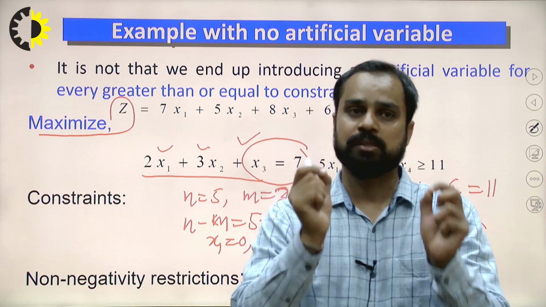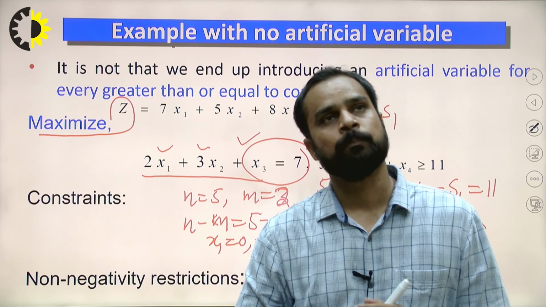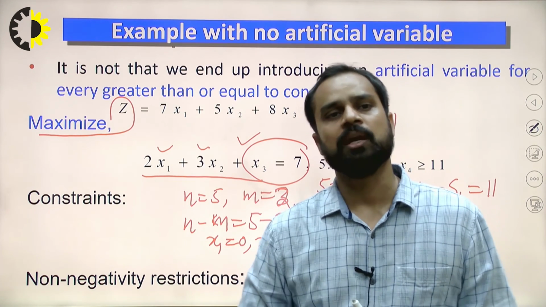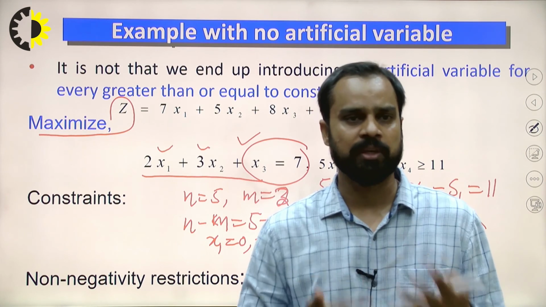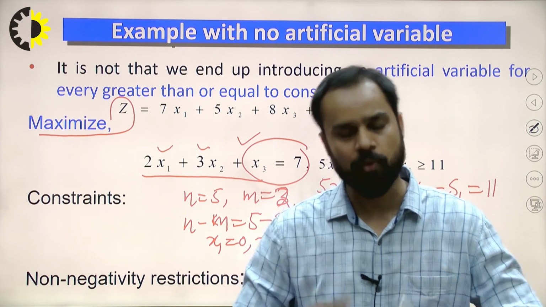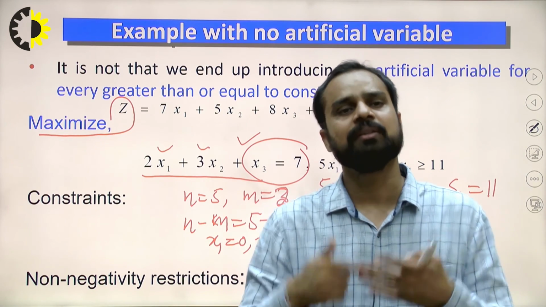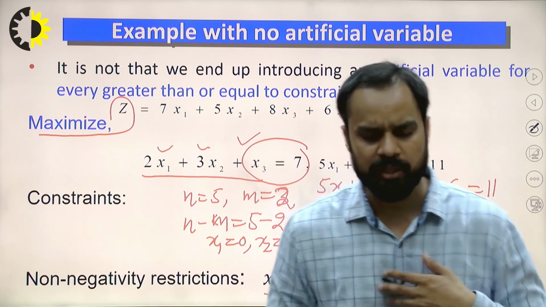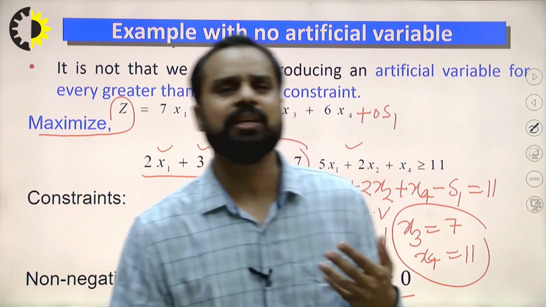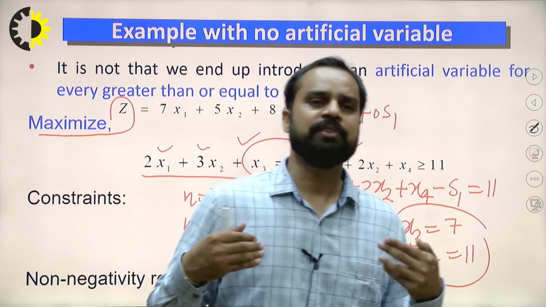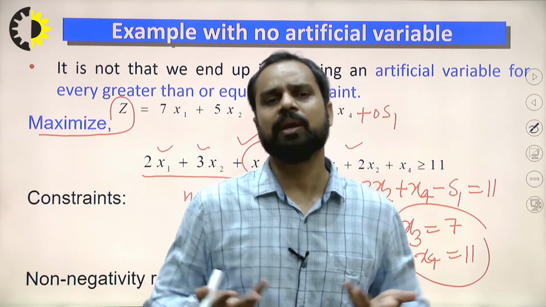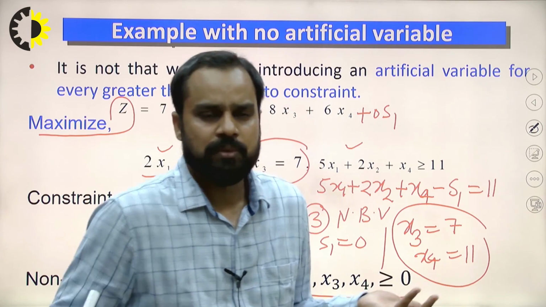So always keep in mind, if it is possible to find the initial basic feasible solution without introducing any artificial variable, then go for it. If not possible, then introduce an artificial variable. Every time there is no requirement to add artificial variables. If required, add. If not required, no need to add it.